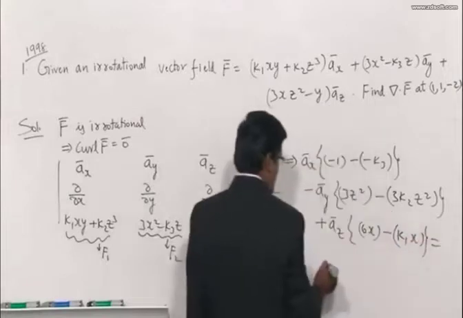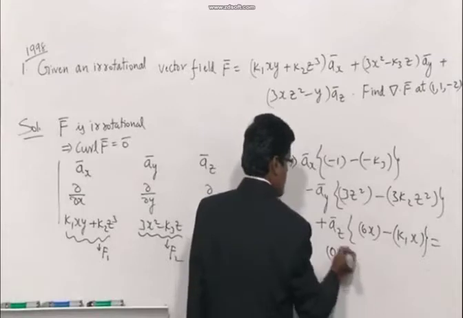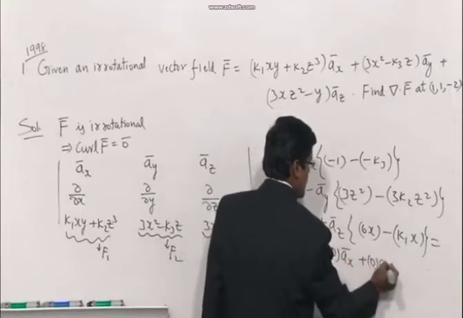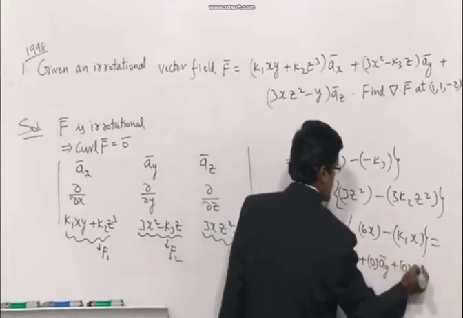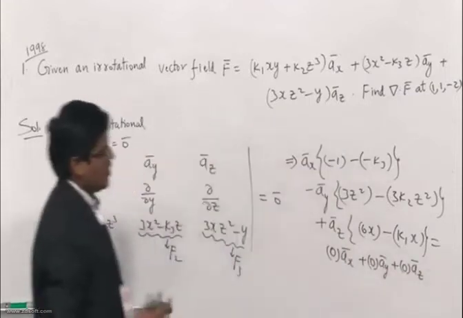I can write 0 bar as 0 times ax bar plus 0 times ay bar plus 0 times az bar, where ax bar, ay bar, az bar are unit vectors along the x axis, y axis, z axis.